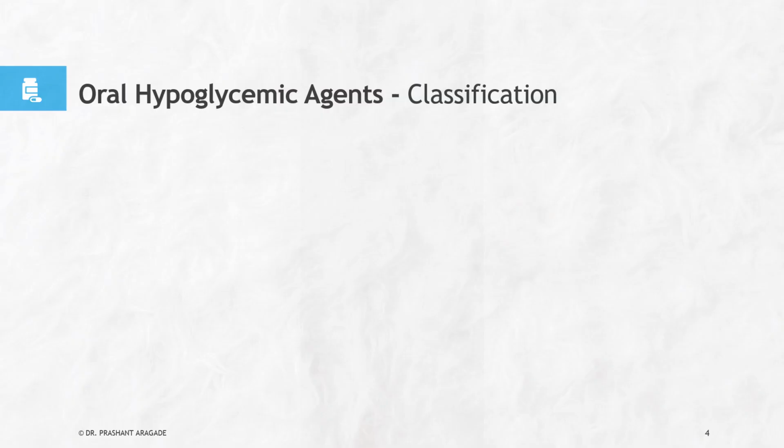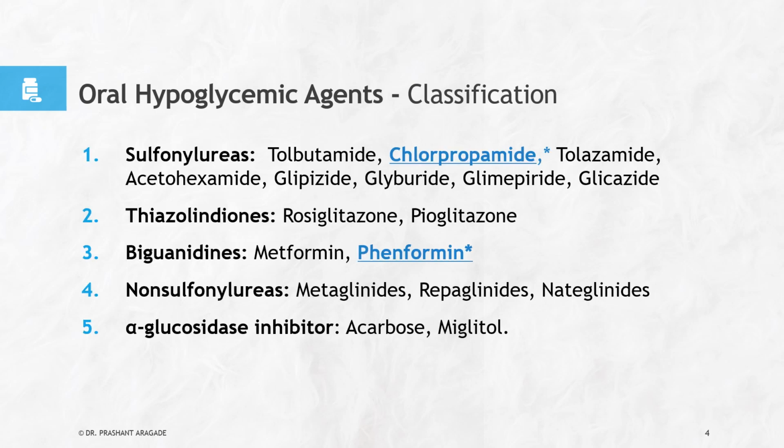You know very well that if you want to remember the chemical structure of any drug, the first thing you must know is its chemical class. So classification is an important part of remembering the chemical structure. The classification of oral hypoglycemic agents is as follows.